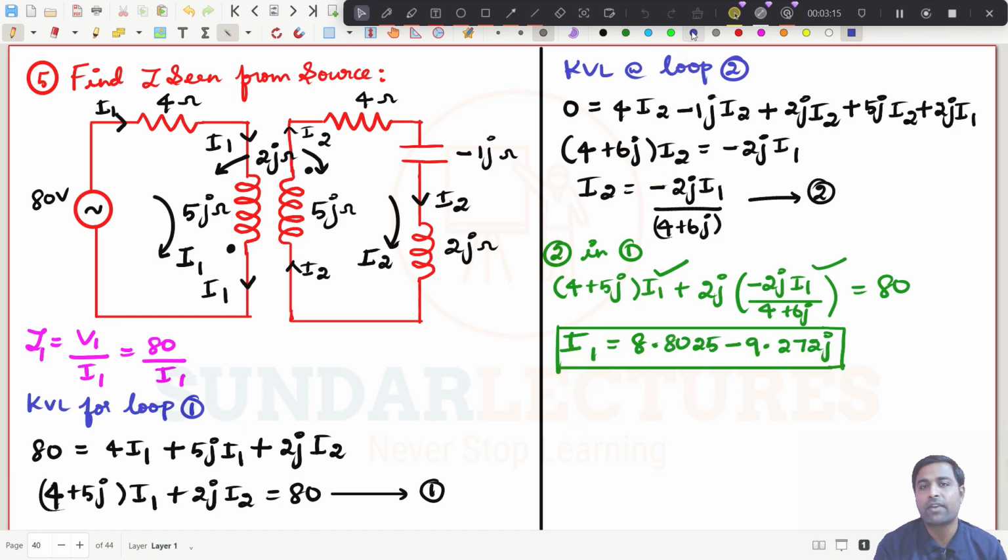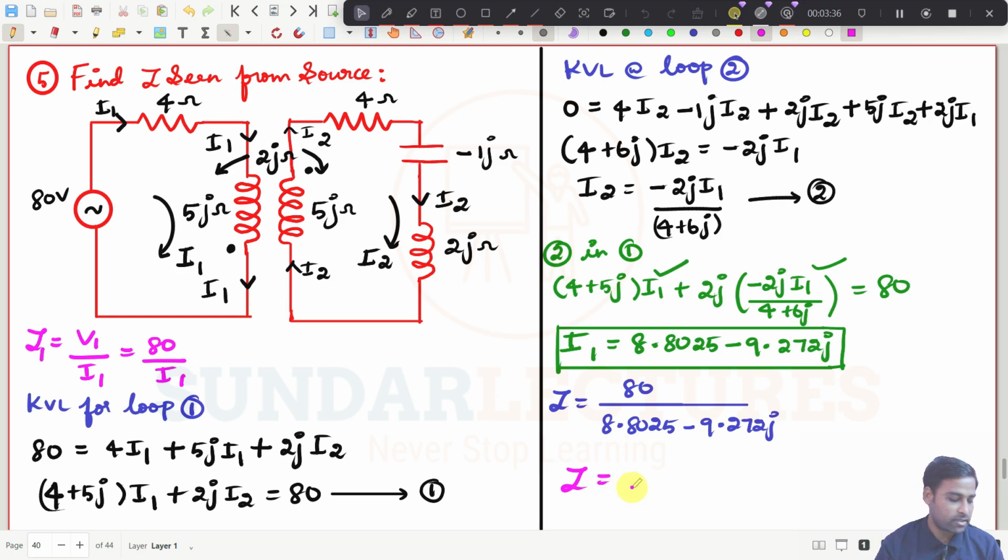Now if I want to find the Z value, Z is equal to what? This is 80 and I have found I1. So 80 divided by 8.8025 minus 9.272j. If you simplify this, you will straight away get the value of Ez.